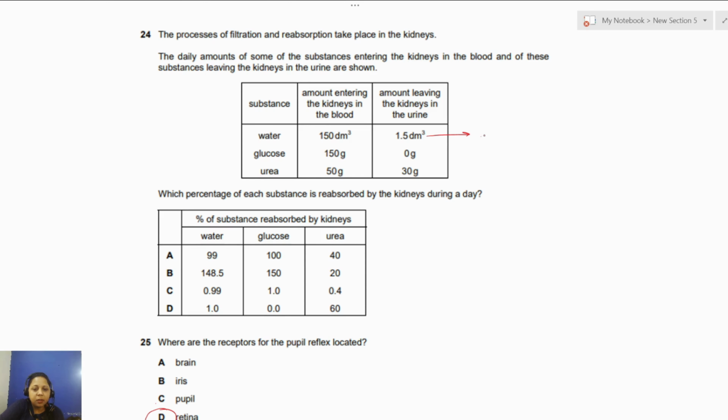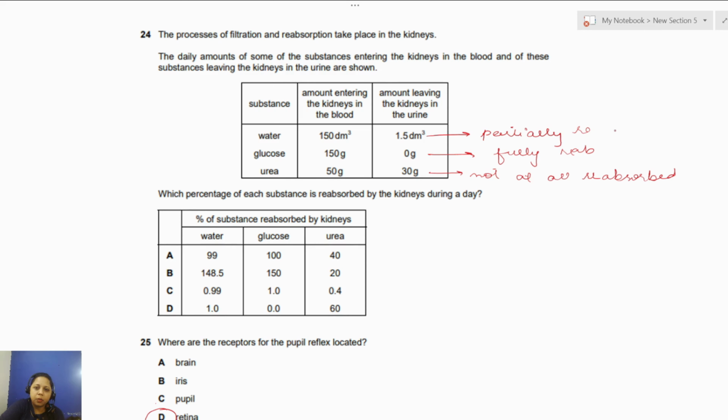It is partially absorbed. When we talk about glucose, glucose is fully absorbed, while urea is not at all reabsorbed.